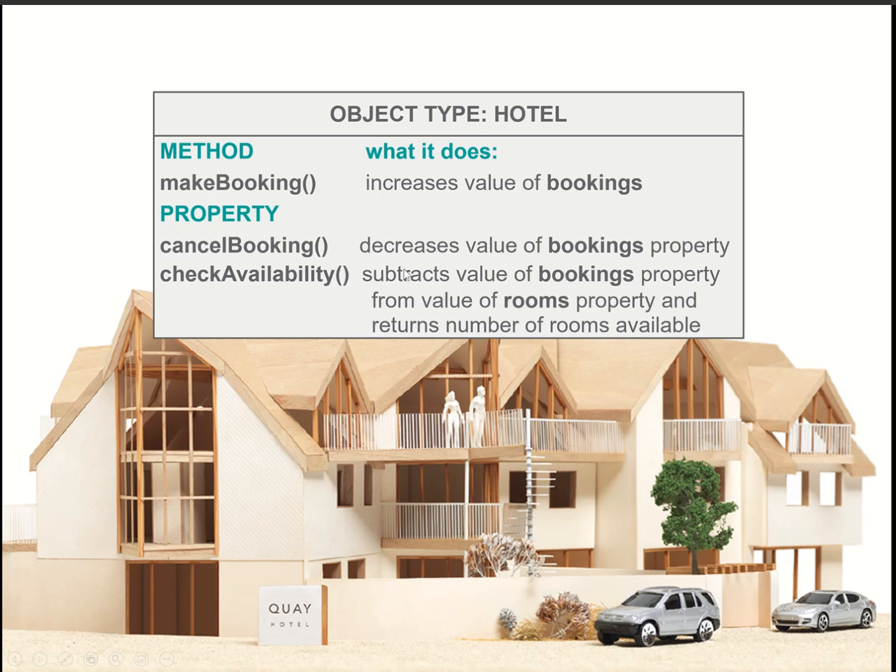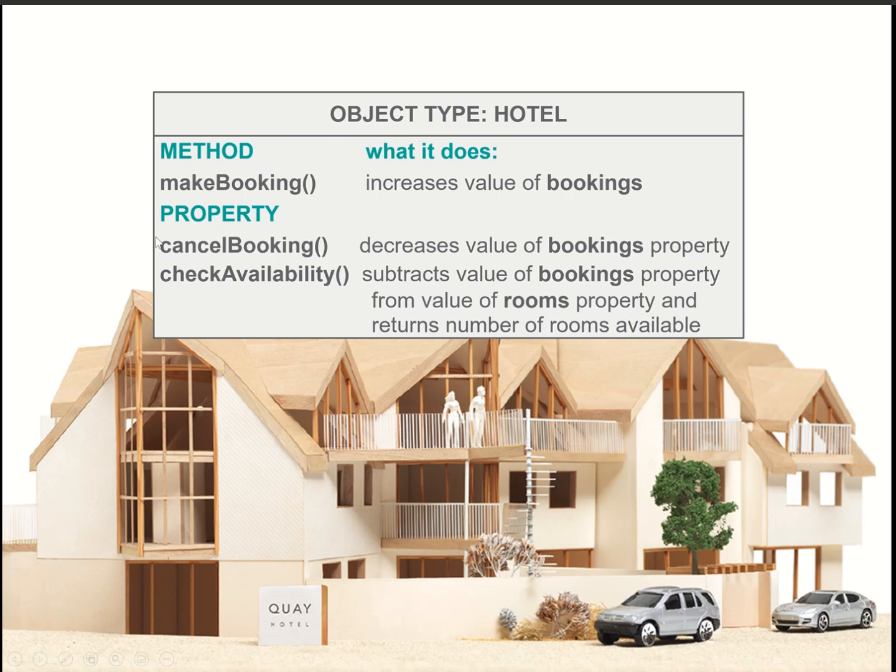Subtract the value of the bookings property from the value of the rooms property, and return the number of rooms available. For example, this hotel has 200 rooms in total, and we have 100 bookings, so we only have 100 rooms available. So this is the idea.